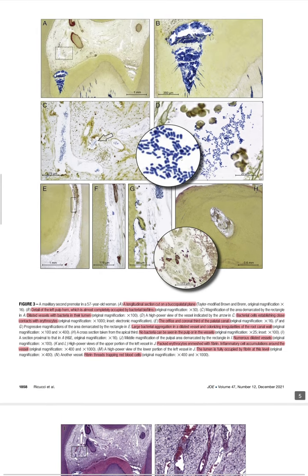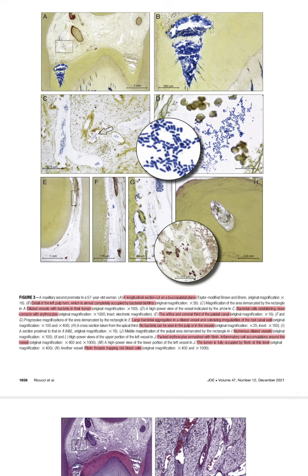Here in figure 3, slices A to H show Taylor-modified Brown and Brenn stained slices. It shows a longitudinal section cut on a bucco-palatal plane, and shows the detail of the left pulp horn, which is almost completely occupied by bacterial biofilms.